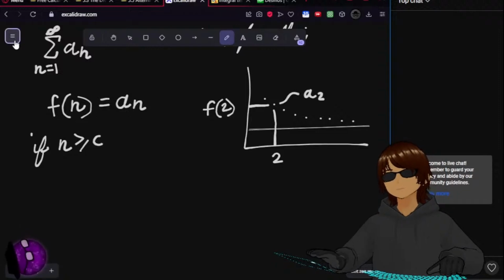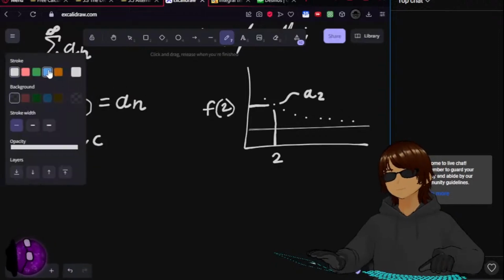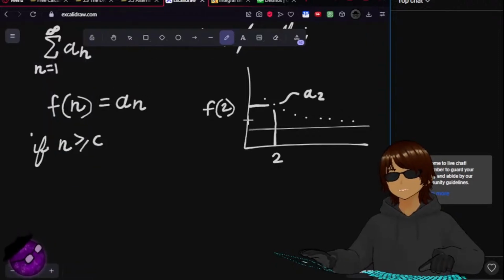So f of n would, for example, be like this is the function, right?